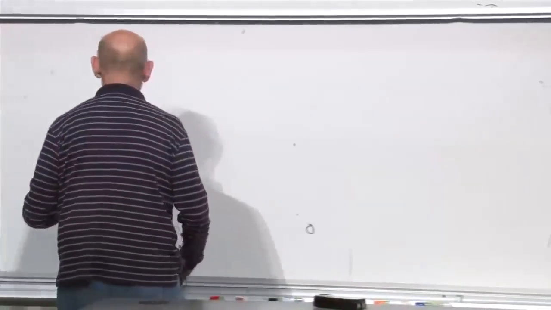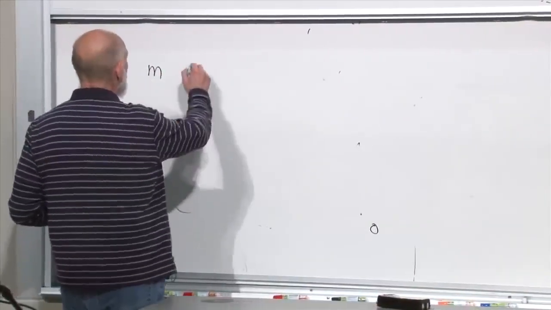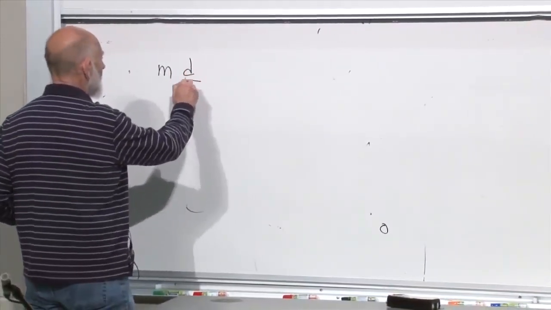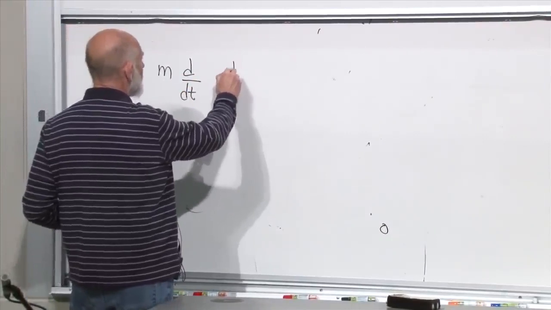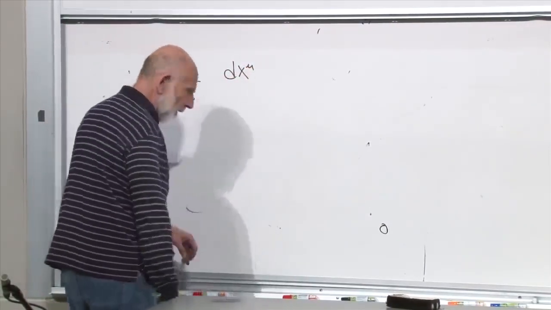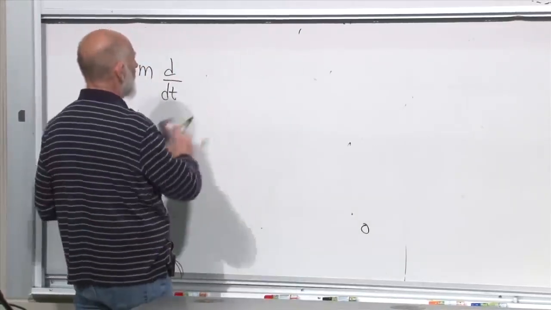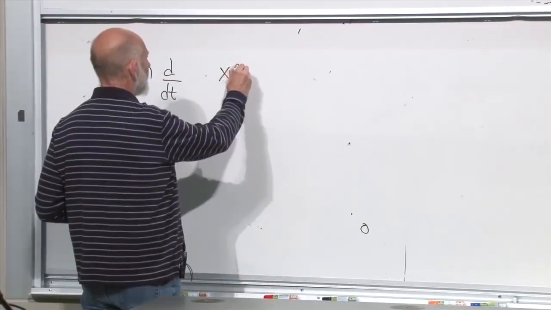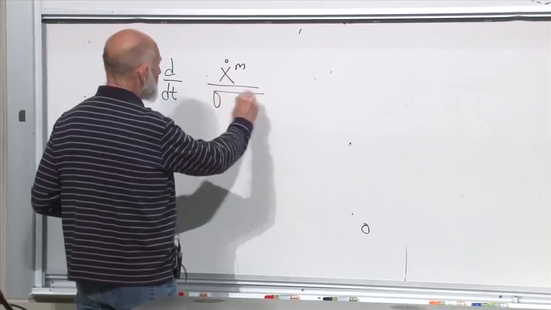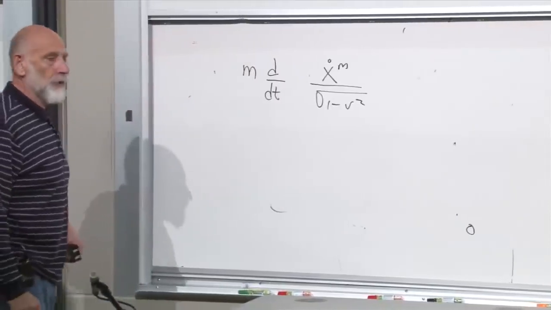Okay, so what was it really? What it really was: m times d by dt of dx_m by dt, or x_m dot, divided by the square root of 1 minus, let's just call it v squared. I called it x dot squared before.